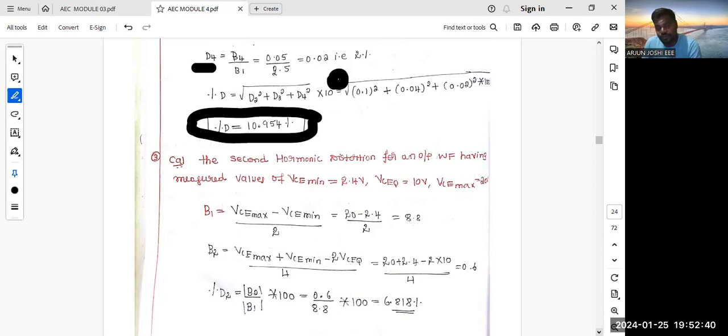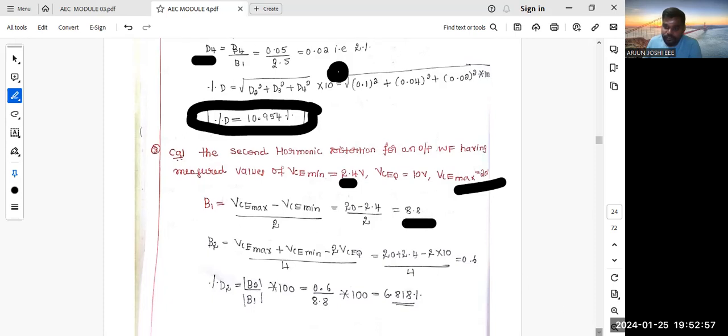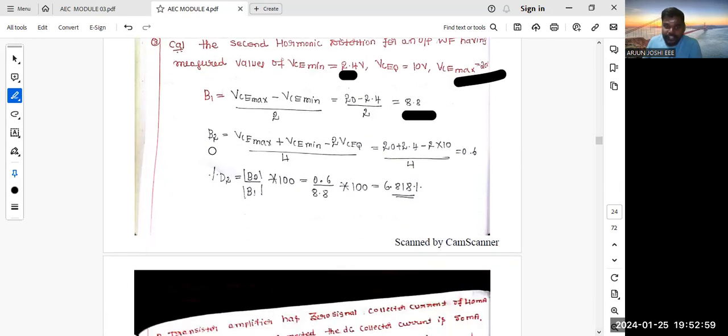B1 is equal to VCE maximum minus VCE minimum divided by 2. Substitute the values: VCE maximum is 20, VCE minimum is 2.4, divided by 2. The fundamental amplitude becomes 8.8. B2 is equal to VCE maximum plus VCE minimum minus 2 VCEQ, divided by 4.